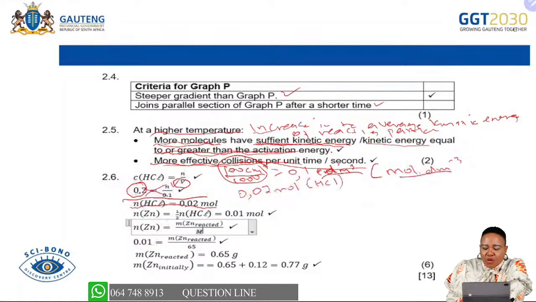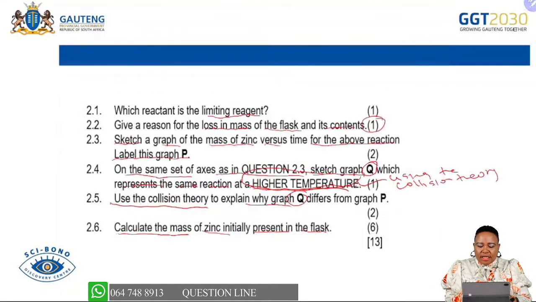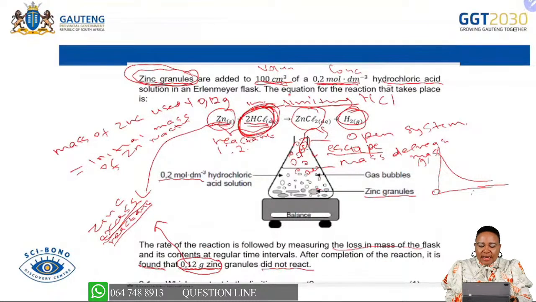After getting the number of moles of HCl, we are now going to use the mole ratio. Remember, the mole ratio will always be assisting us because we are taking it from the reaction itself. So how is zinc reacting with hydrochloric acid? Zinc with hydrochloric acid, they react in the ratio of 1:2.